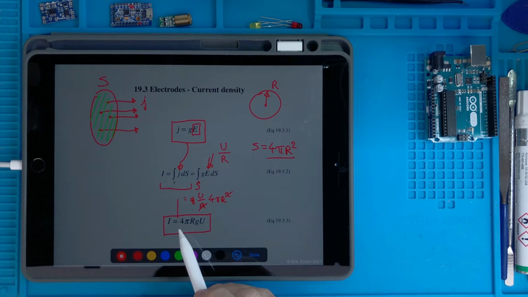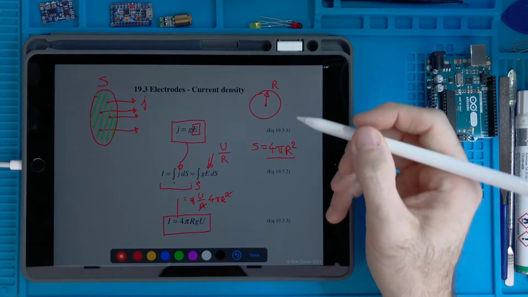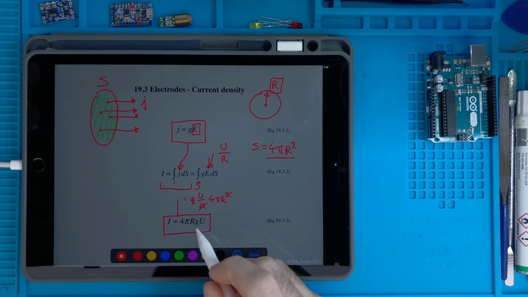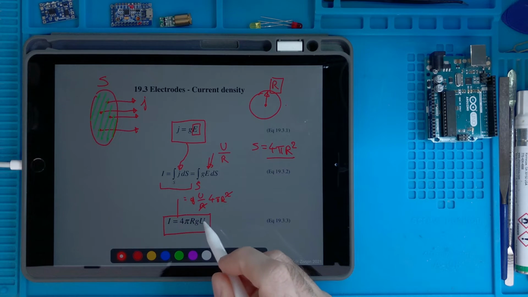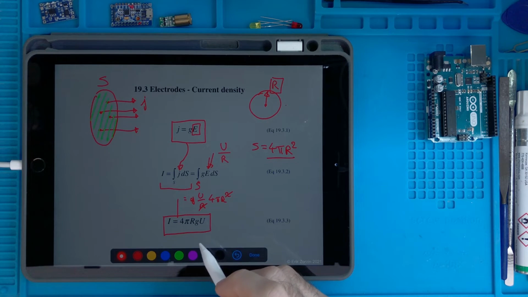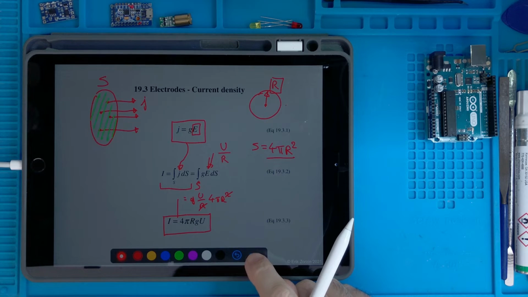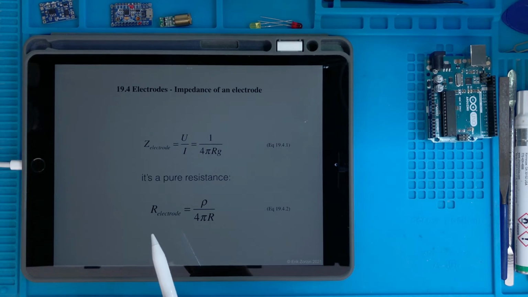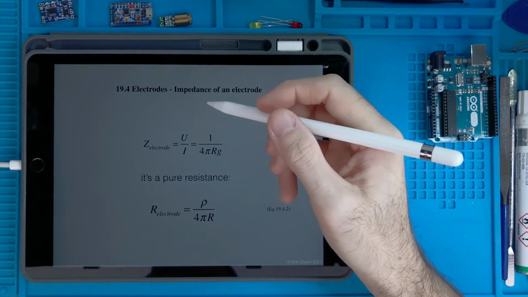It's a constant 4 pi multiplied by r, which is the radius of the sphere. It's not the resistance of anything, it's the radius of the sphere. Then G, which is the conductivity of the fluid, and U, the voltage attached to the electrode. And so finally we can compute the impedance of the electrode.